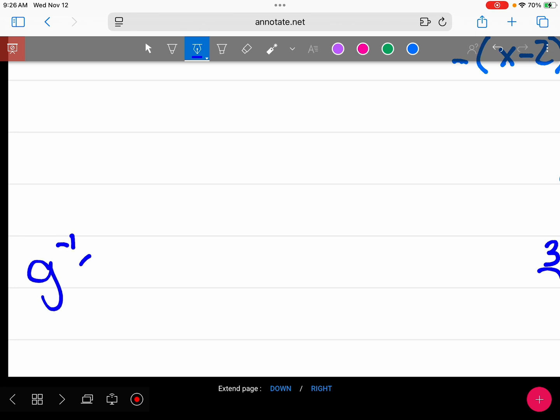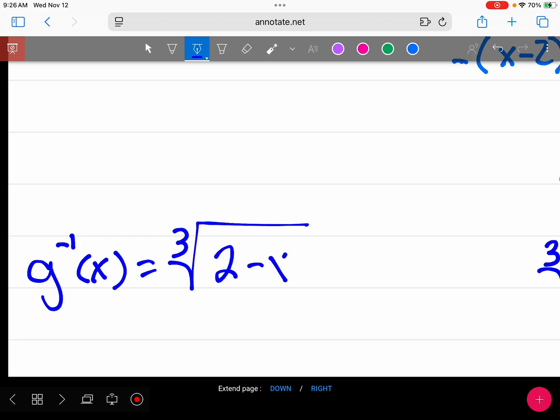G inverse is our cube root of 2 minus x, or a cube root of negative x plus 2, or the cube root of negative quantity x minus 2. Genuinely, all of them are fine. That will still have our domain from negative infinity to positive infinity. That will still have our range from negative infinity to positive infinity. Because cube roots look very much like a cube, just on its side and kind of like this. Pushing there.